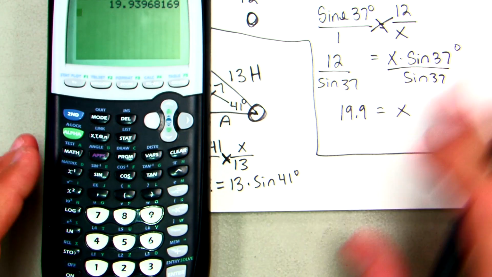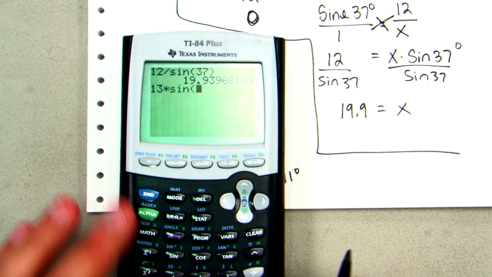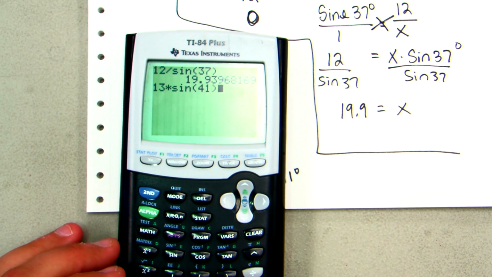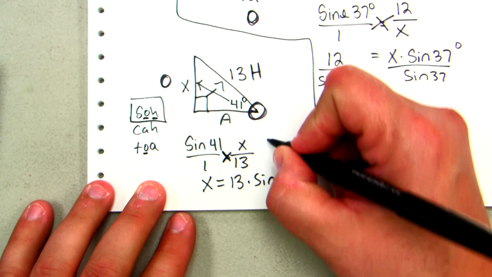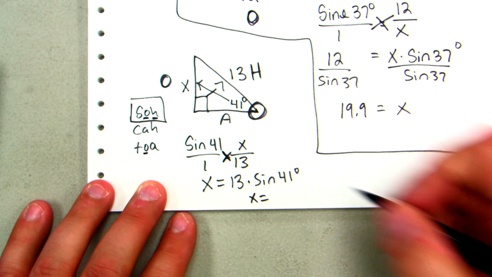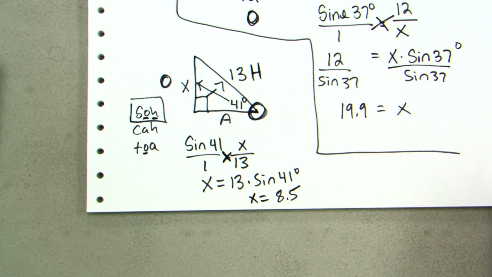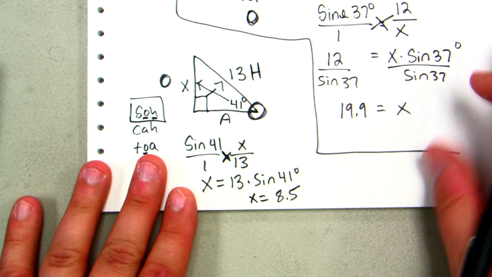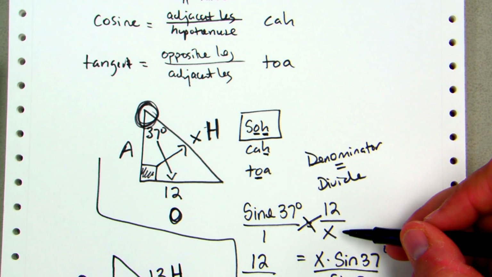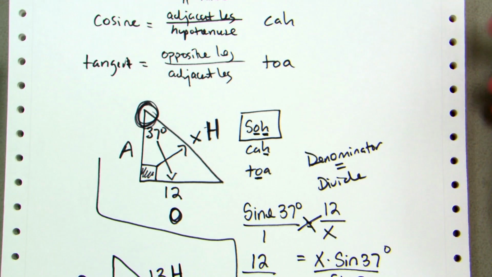So I'm going to take my calculator, 13 times sine 41, close parentheses, 8.5, if I'm rounding to the tenth spot. So x is equal to 8.5. So the difference is, in this one, x is in the numerator, I just multiply. This one, x is in the denominator, denominator equals divide, I know that I have to divide.